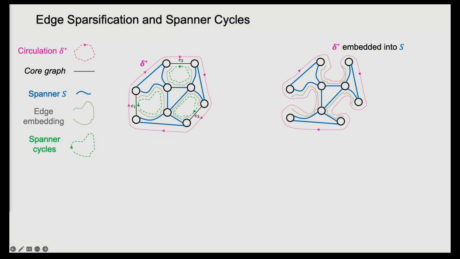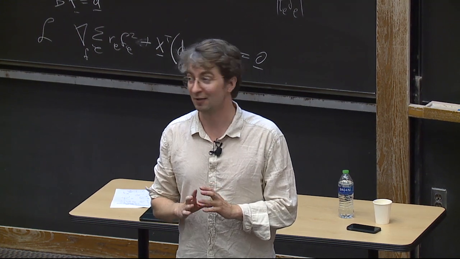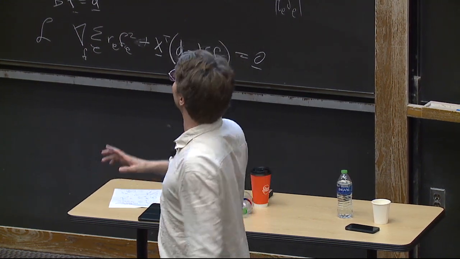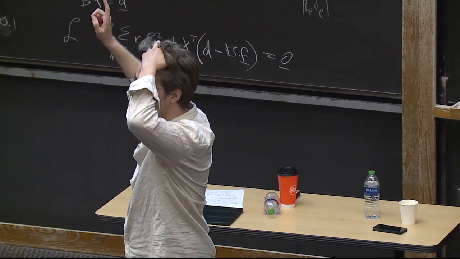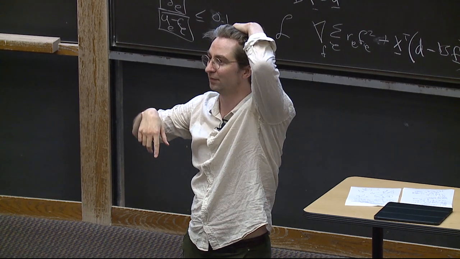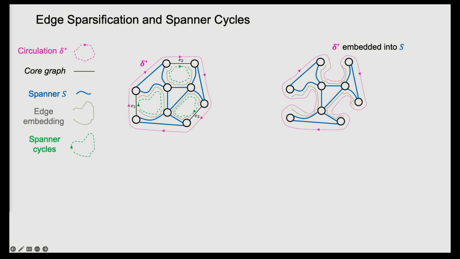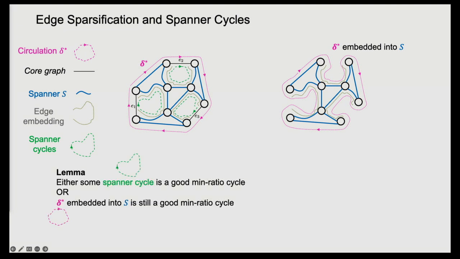But now we're going to consider another set of potential cycle candidates that might also be good cycles. Those are just the cycles closed by every edge that's getting thrown away and its spanner embedding. I wrote all of those little spanner cycles in green there. And now here's a lemma, which will appear on the problem set, the homework, which you of course don't have to do, but you could if you like having fun.